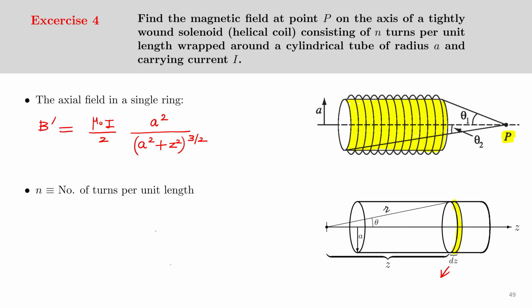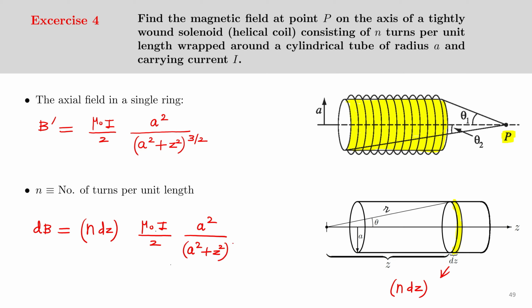Then in a very small length dz, there will be n dz turns. Therefore, the magnetic field that is produced by n dz coils would be mu 0 I divided by 2, then a square divided by a square plus z square raised to 3 by 2 multiplied by n dz. So this is the magnetic field that is produced by n dz coils.